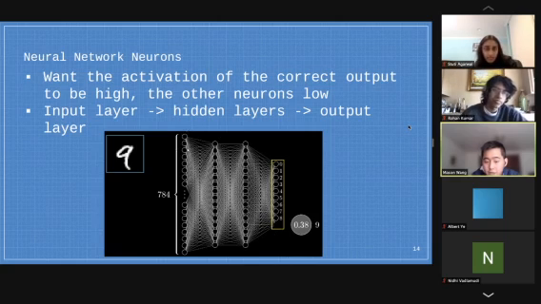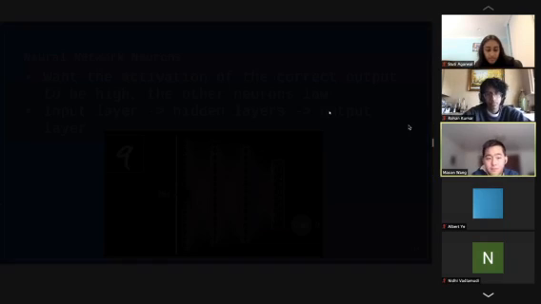Here's the input layer of 784 inputs. And here are 2 hidden layers of 15 neurons each. That's just an arbitrary number. You have to tune and play around to find out what number of neurons, what number of hidden layers, or what structure works the best. Again, we want the activation of the correct output to be high while the rest of them are 0 or not activated.